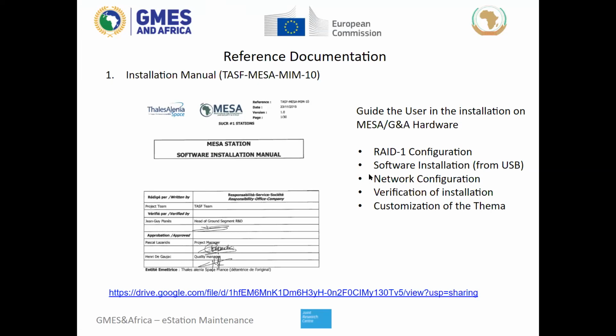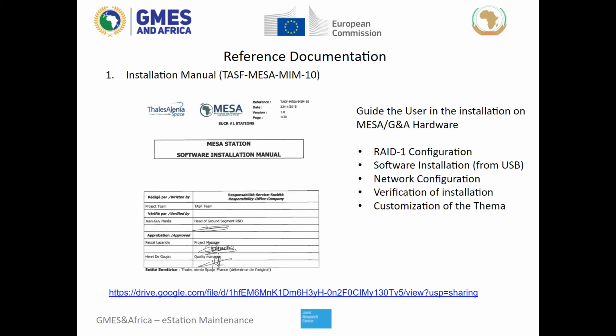And what is described in this installation manual is first the right configuration, basically how the hardware is configured, and how is the default configuration of a Mesa station, because it is very important to note what is the default configuration of a Mesa station, because you cannot easily install the Mesa station software in any of the PCs, because it is very specially designed for the particular hardware, and then the particular hardware configuration as well as the system configuration.